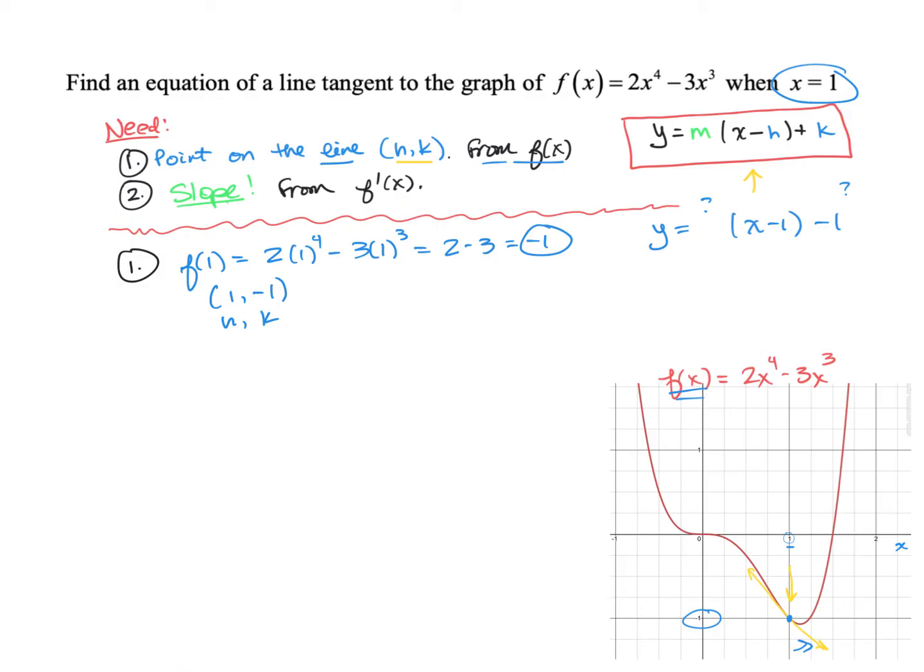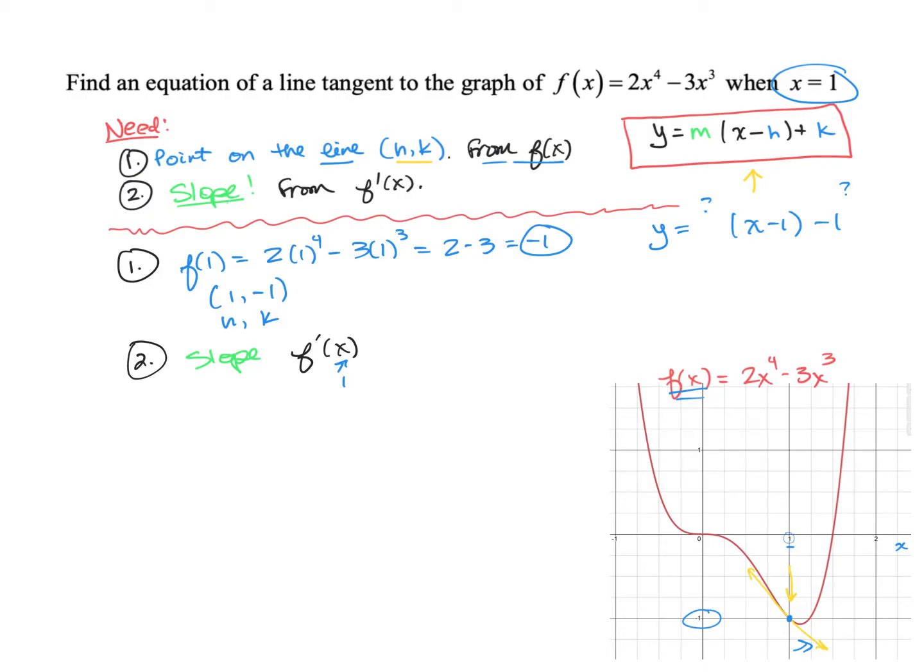All right, so now all we need to find is slope. Remember, derivative is slope, derivative is slope. We're going to find the slope from the derivative, so we have to do it from f prime of x, but not just x, because what is x in this case? x is 1, right? Awesome.